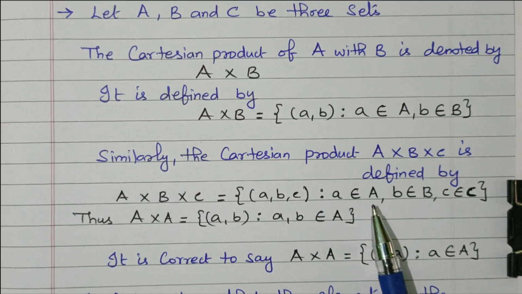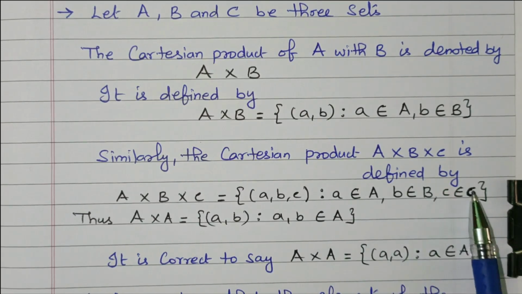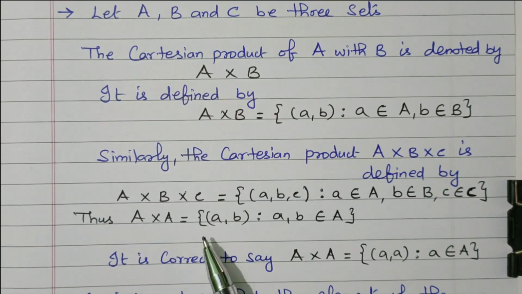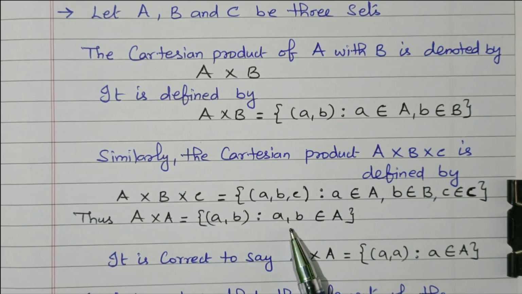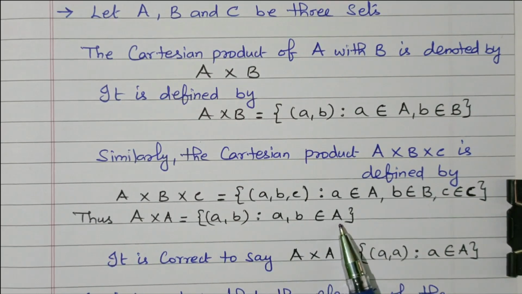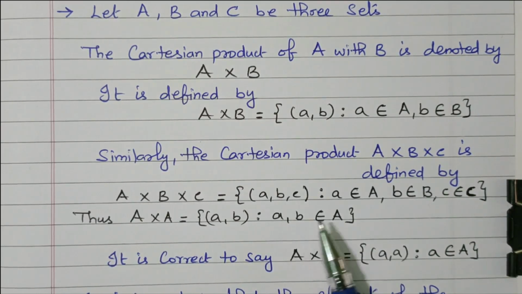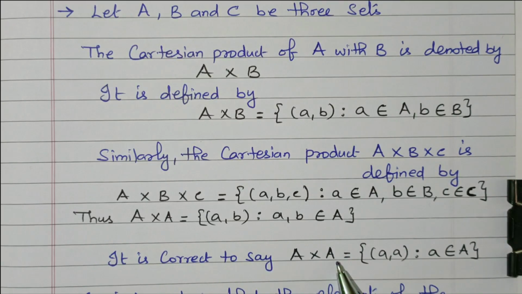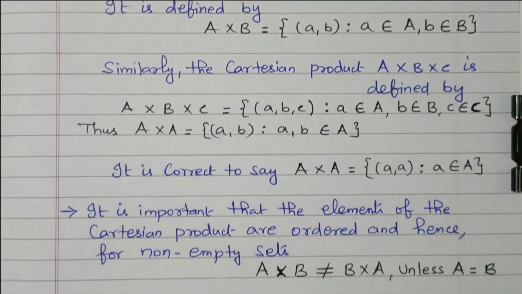So a belongs to A, b belongs to B, c belongs to C. In that case, if it is A cross A, it means the set of (a, b) such that a, b belong to A. So in the correct way we can say that A cross A equal to the set of (a, a) such that a belongs to A, right? Now we'll go for further analysis.